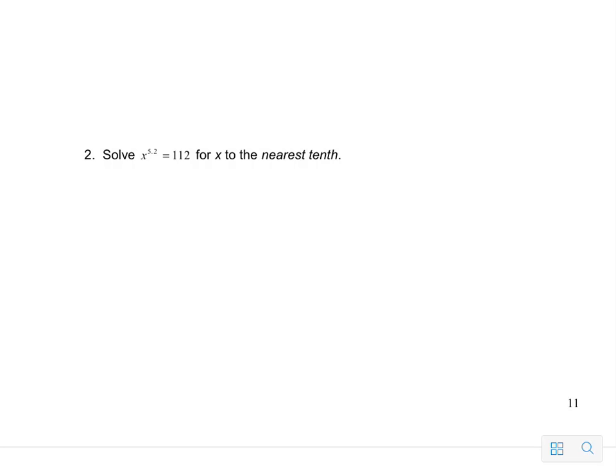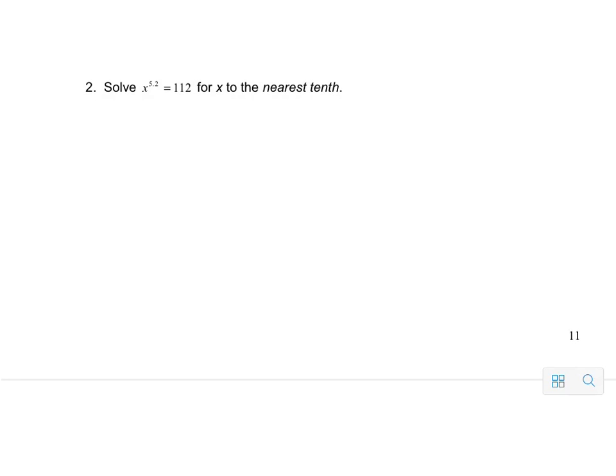This next example wants us to solve for x. But in this case, it looks like I can solve using an exponential rule. I can get rid of the exponent by raising to the reciprocal power. All right, so let's do that.